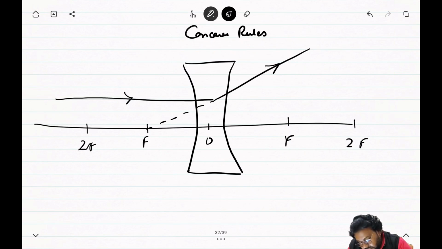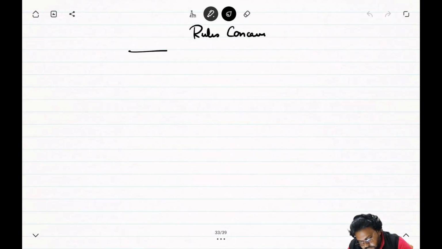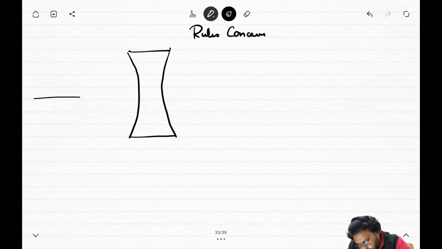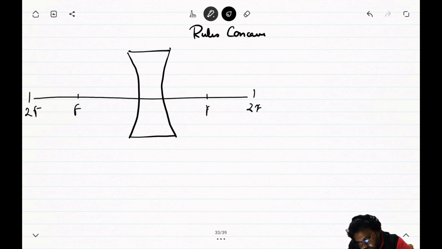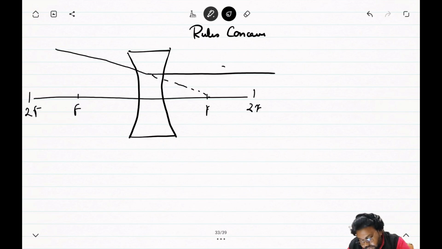And second rule, if the light ray is passing through the focus, sorry, not like this, we'll make it on a new page. See, this is F, F to F to F. Now if the light ray is passing through the focus, it will go parallel after refraction.